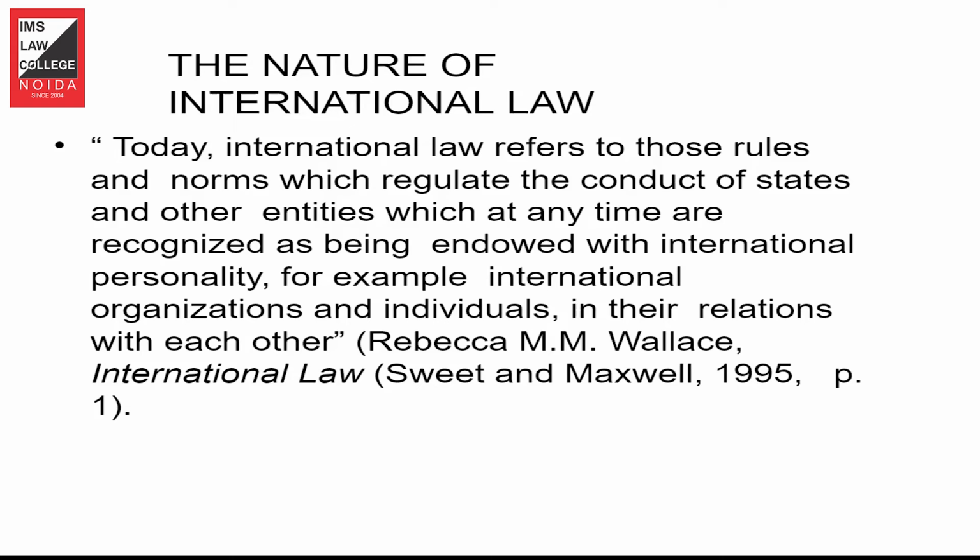Now, what is the nature of international law? Okay, let us move to the next slide for the nature of international law. Today, international law refers to those rules and norms which regulate the conduct of states and other entities which at any time are recognized as being endowed with international personality, for example, international organizations and individuals in their relations with each other.